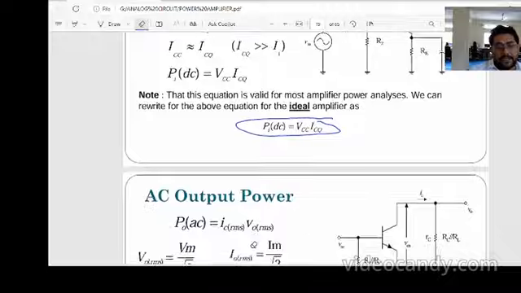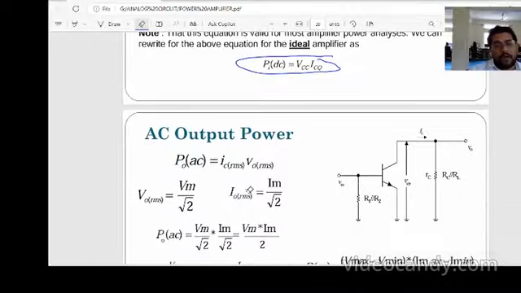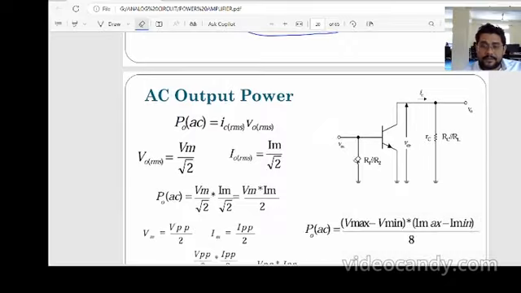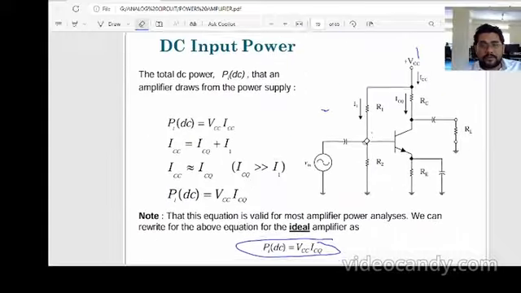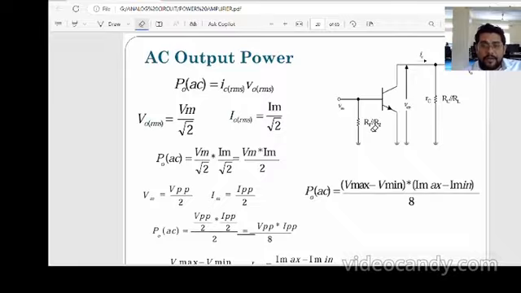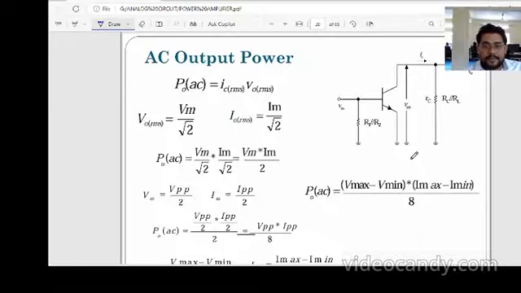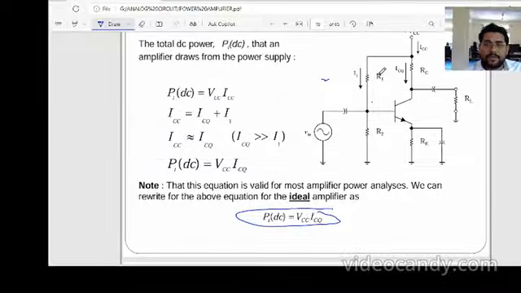Then we have the AC power. What is the AC power? It is nothing but the output voltage. For AC analysis, this is the equivalent circuit diagram. This is the equivalent R1, using Thevenin.